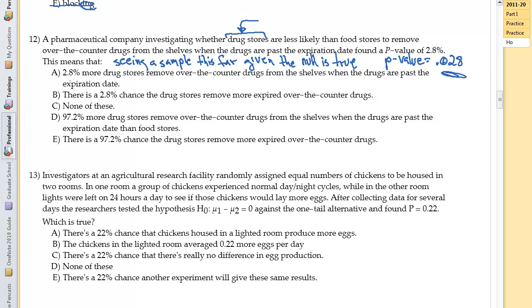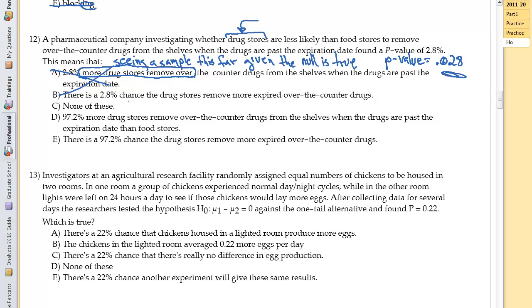So 2.8% more drugstores removed. Oh, this more drugstores right here, p-values don't tell us how much more. Confidence intervals tell us a little bit of something about more, but not p-values. So A is not good.